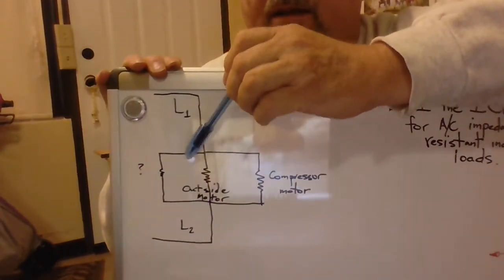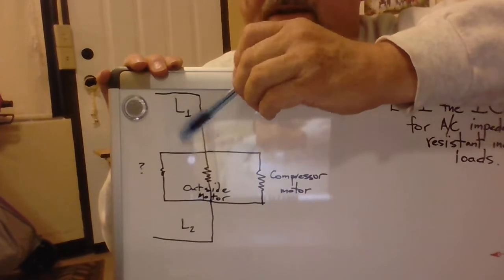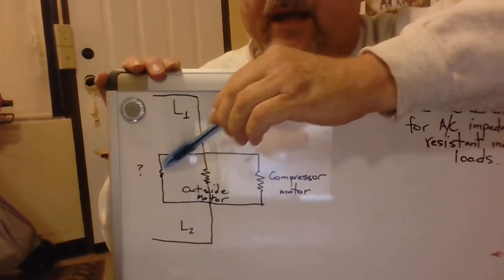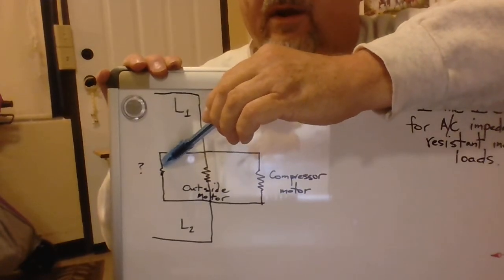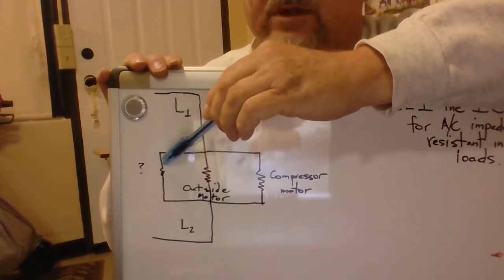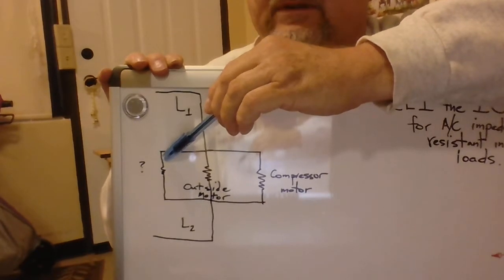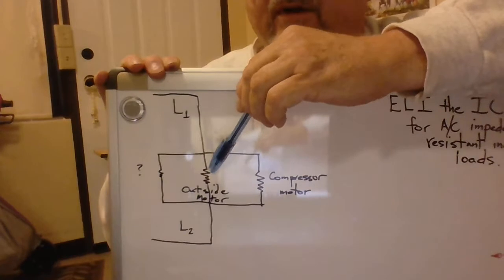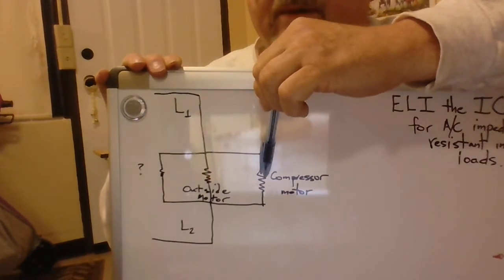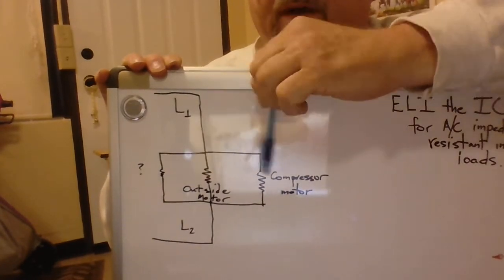They had sat there and rubbed the insulation so paper thin that it now was creating an amp draw through the L1 to L2, and that was, of course, changing the current draw through these other two major components, which is the fan motor and the compressor.